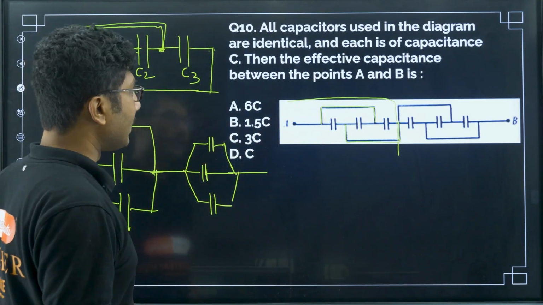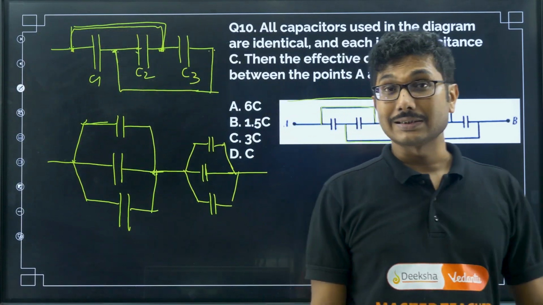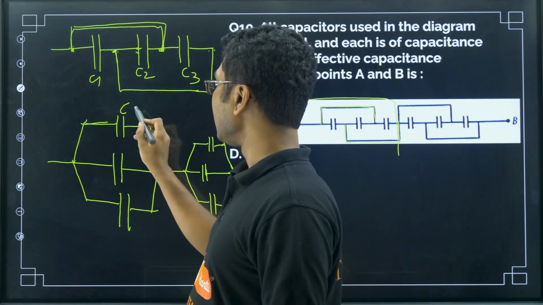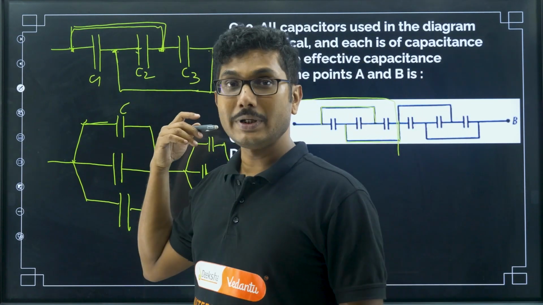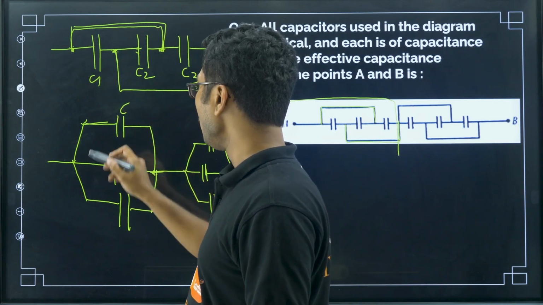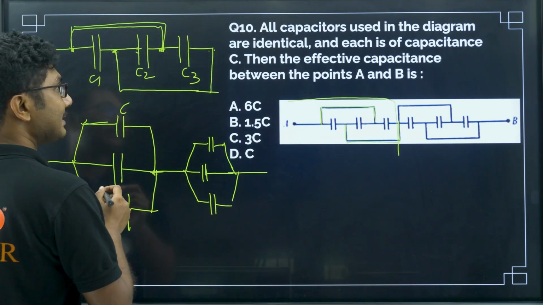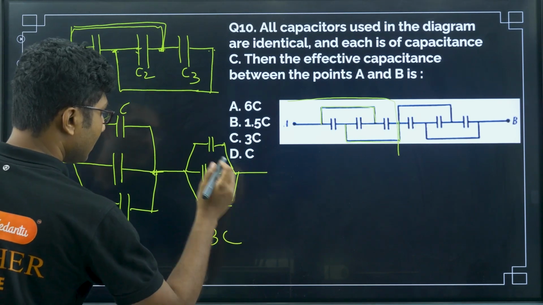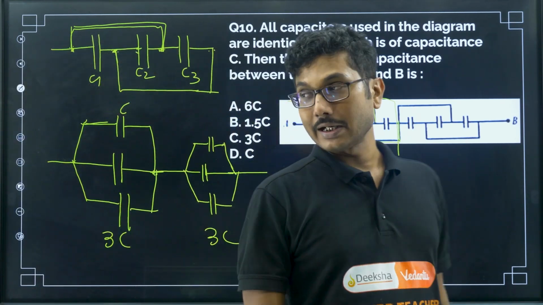Now if all the capacitors are identical, they are connected in parallel. Parallel combination means the equivalent capacitance will be n times, that is 3 times. So total capacitance of this is 3C. This is also 3C. Now they are connected in series.